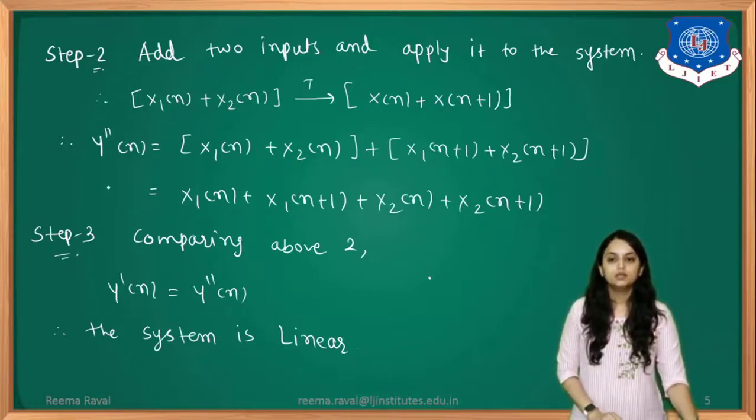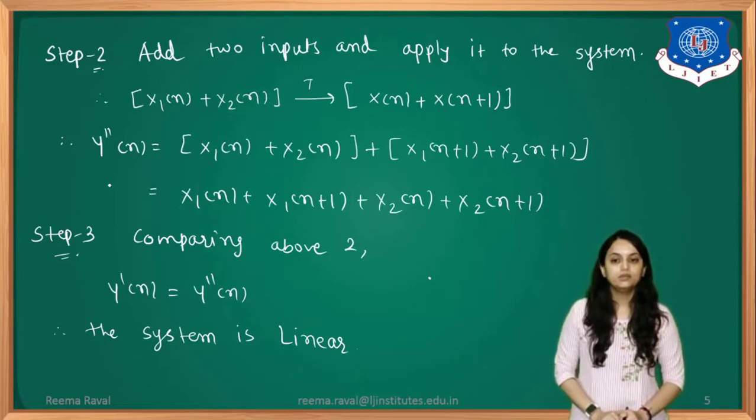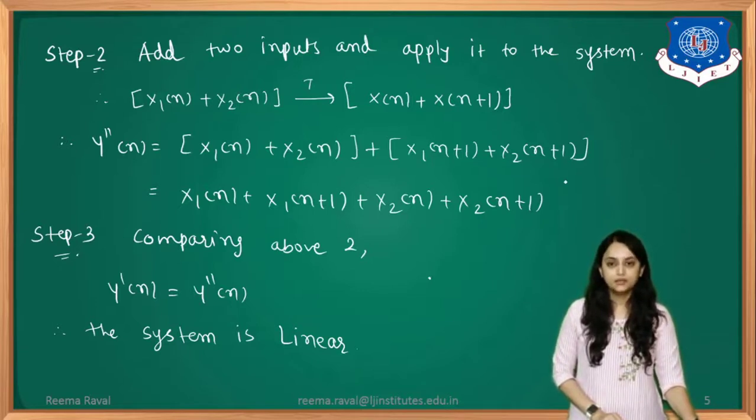Here our y double dash of n will be equal to x1 of n plus x2 of n plus x1 of n plus 1 plus x2 of n plus 1. That means the addition is the same as the previous term. So comparing these two values, y double dash of n and y dash of n, these terms are equal. That means the system is a linear system.